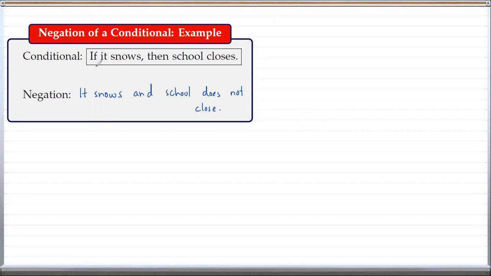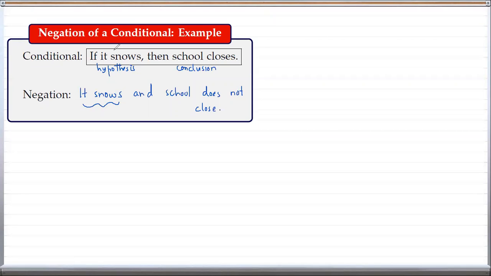Here, this is the hypothesis. And this is the conclusion. To negate this statement, we have hypothesis happening, but the conclusion does not happen.